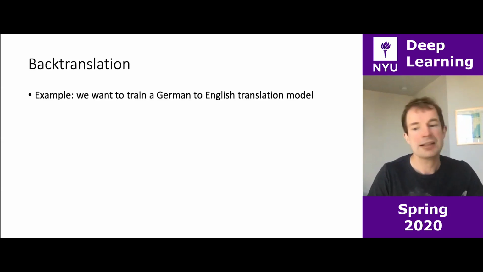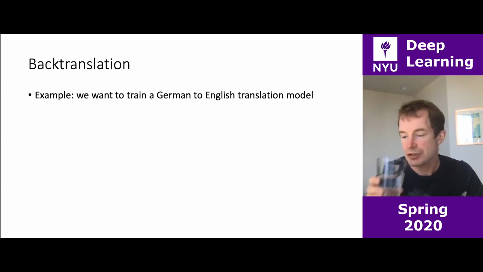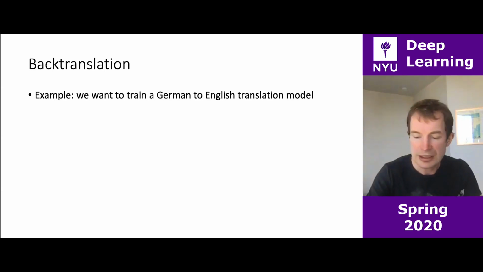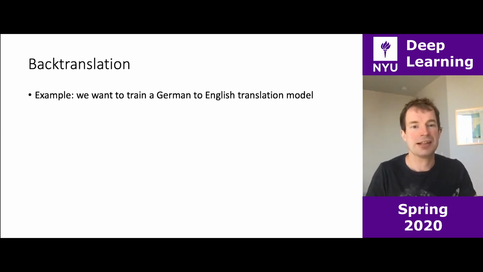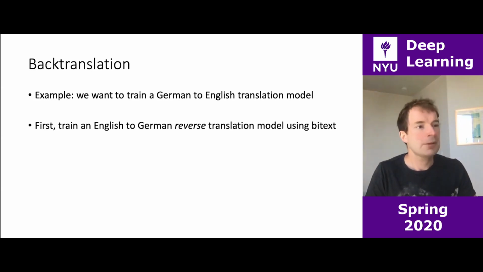The way we could do this is a technique called back translation, which is quite simple conceptually. First, our goal is to train a translation system that inputs German and outputs English. First of all, we're going to actually do the opposite. We're going to train a reverse translation model, which will take English as input and output German.